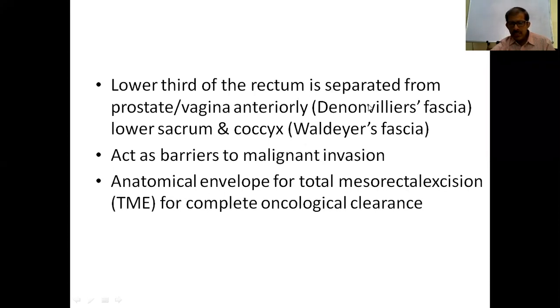This whole thing is called the mesorectal complex, and it acts as an envelope. If you remove the rectum along with the envelope, that is called total mesorectal excision, TME, for complete oncological clearance. This is very, very important.